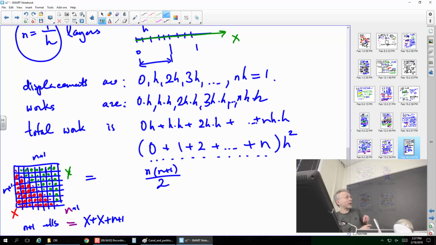I do think that you may have seen this before because it is used early on in the Riemann integral when you do integration with Riemann sums, and when you do a linear function and you're computing the area under the graph of a linear function, that's what you end up with.